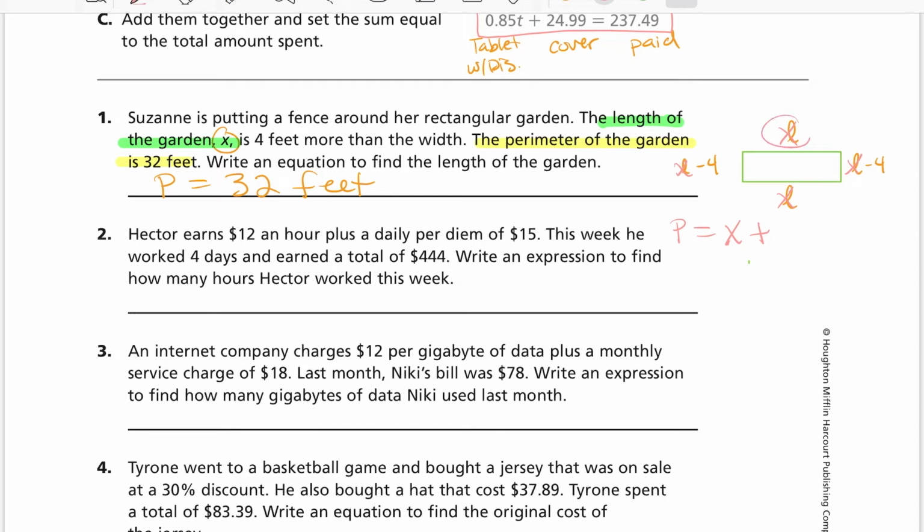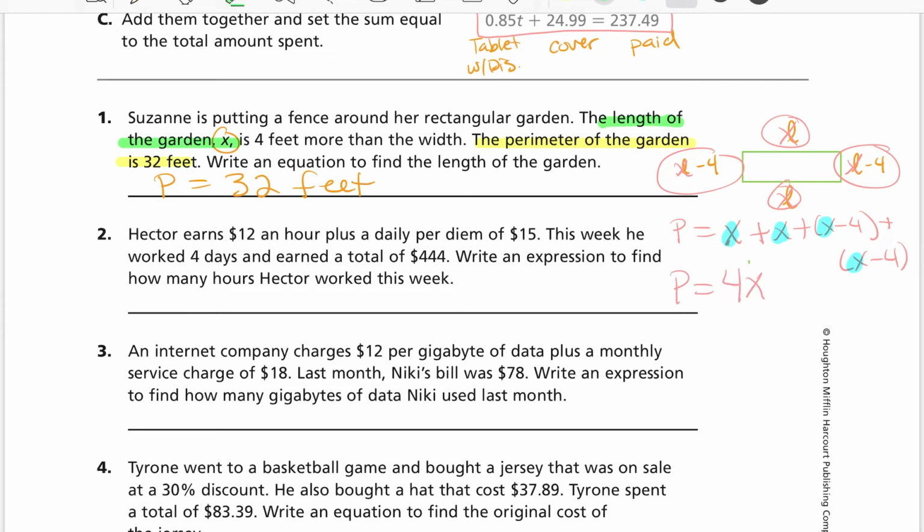So I'm going to have X plus X minus 4 plus X plus X minus 4. Now we can find our like terms here. So we have X and another X and another X and another X. P equals 4X.